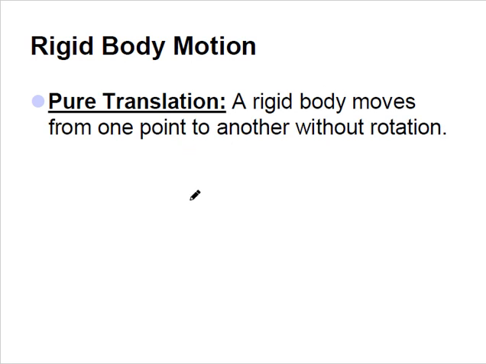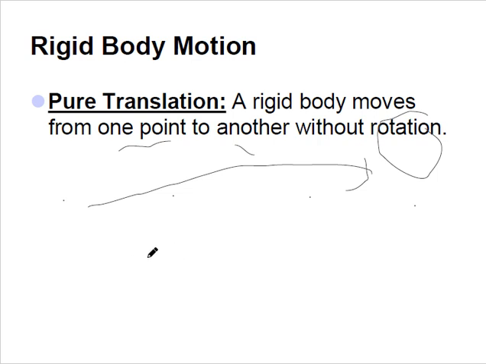Alright, this is reiterating the pure translation, but here we emphasize that the rigid body is going to move from one point to another, zero rotation. First we say pure translation, and there's no rotation. Now we go into it: it is going to move from point to point without any rotation, going in a straight line. My straight line is very bad in drawing.